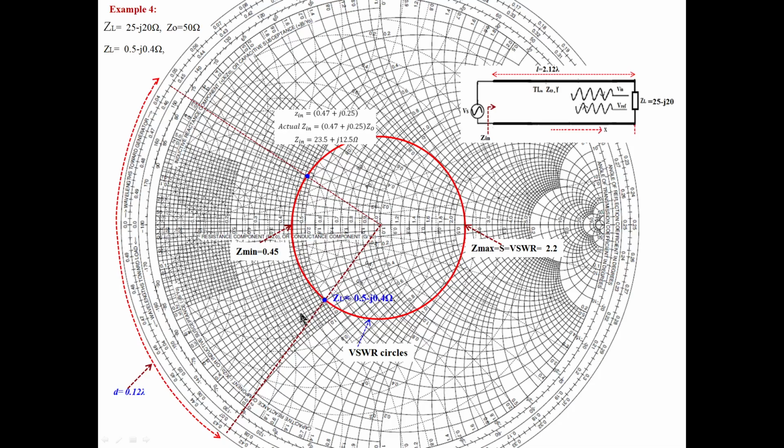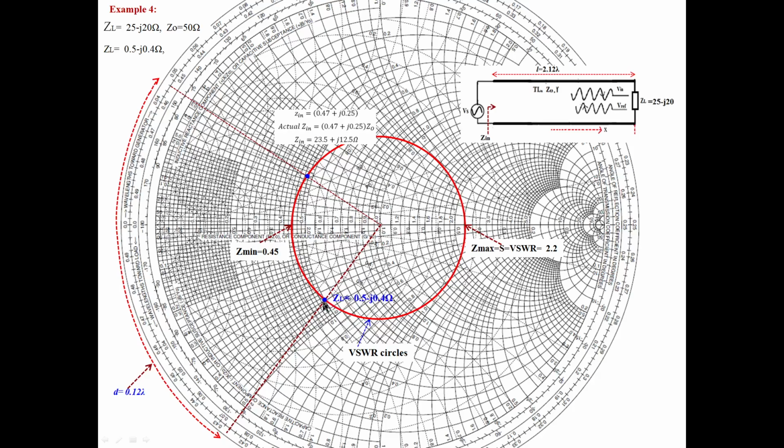It intersects with the 0.4 reactance circle. This is minus 0.4, the values below. The minus 0.4 reactance circle is this. They intersect here. Now this is the load point. We marked the load point on the Smith chart.